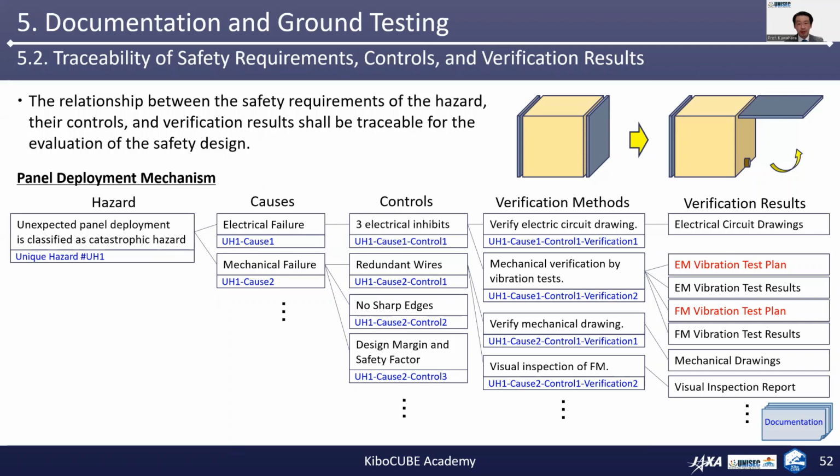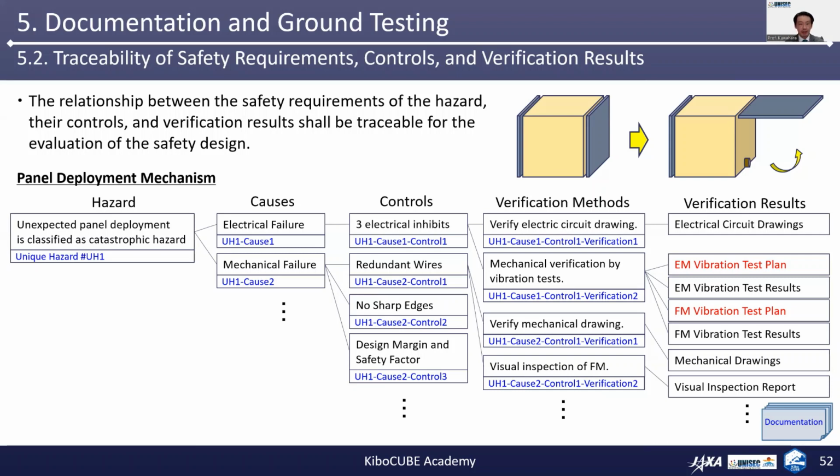Then the control method shall be identified as illustrated in the third column. For example, 3 electrical inhibits shall be implemented against electrical failure. And also, those switches shall be mechanically tested by vibration tests as indicated in the fourth column.